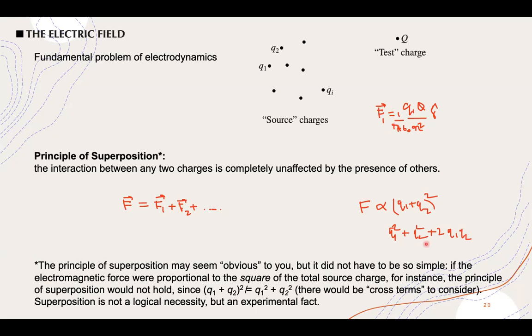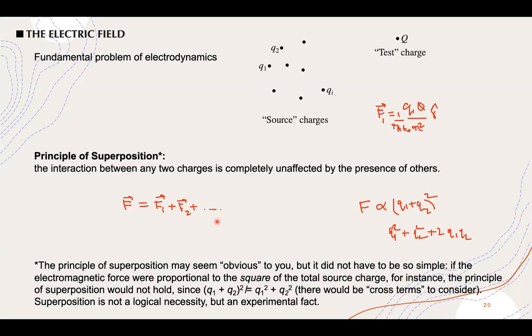The dimension is the same, you have a Coulomb squared. But this cross term will not allow you to add something like this. When you expand these terms by writing them out, you will find that this is not going to hold. So it is not very obvious.